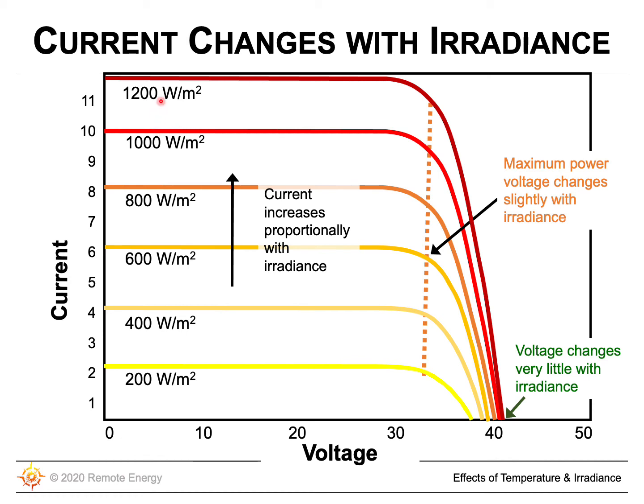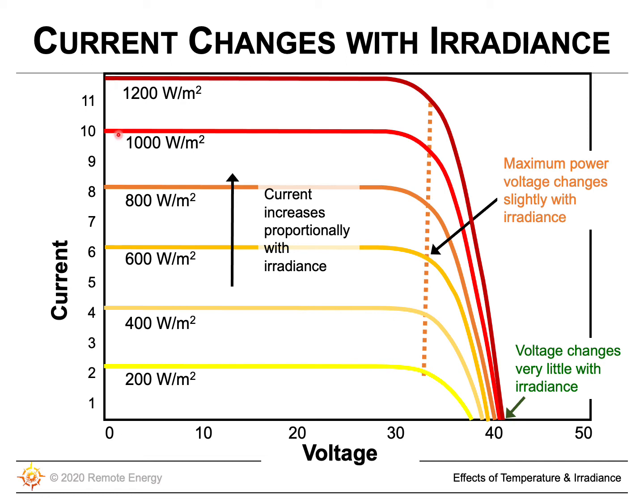If we see more than 1,000 watts per meter squared, such as up in the mountains, or if we have snow reflection in the area that we're in, we may see more than 1,000 watts per meter squared. So here our short circuit current was 10 amps. When we go to 1,200 watts per meter squared, it's going to be closer to 12 amps.